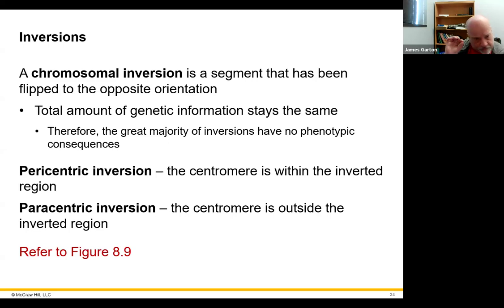An inversion can be referred to as a pericentric inversion, which means the centromere is inside that area that's inverted, or it can be considered a paracentric inversion. The inversion is in one arm or the other.